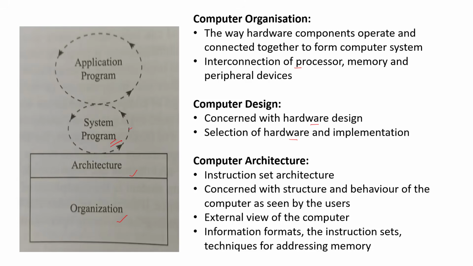It is the external view, and it has instruction sets. So these are the basics of computer organization, design, and architecture. With the help of this, you'll be able to differentiate them. Somewhere in the curriculum the subject is computer architecture, somewhere computer organization. So I hope you now have some basic concept about this.